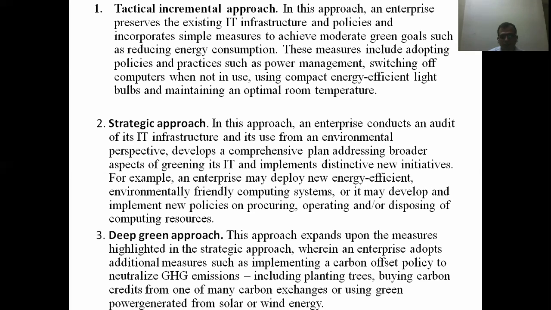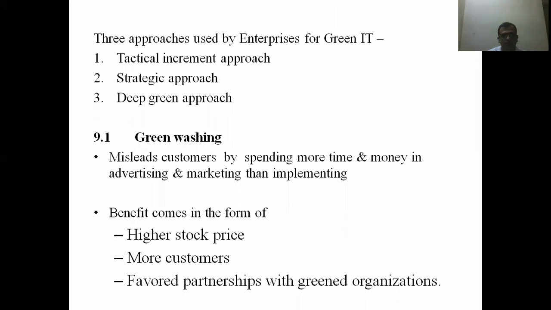It includes planting trees, buying carbon credits from any of the many carbon exchanges, or using green power generated from solar or wind energy. So planting trees or using solar or wind energy will minimize the effect on the environment. These are the three strategic approaches: the tactical incremental approach, the strategic approach, and the deep green approach.